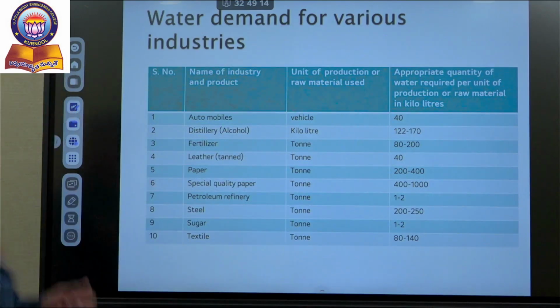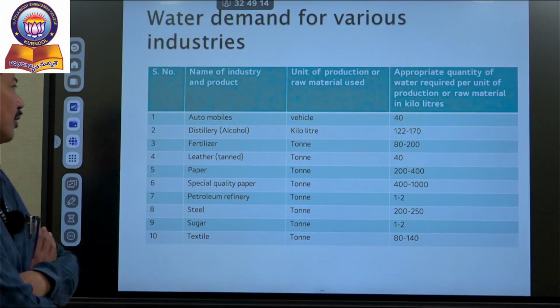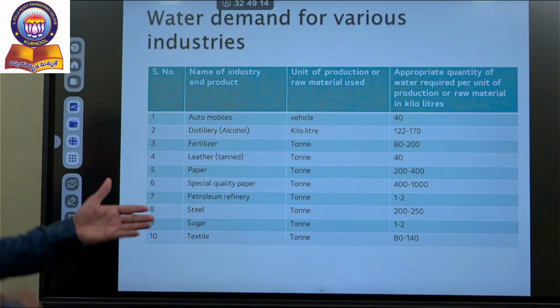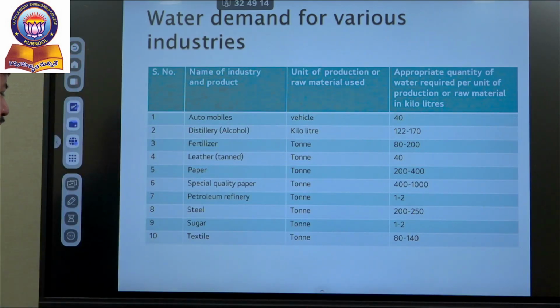For example, if an automobile industry is present, manufacturing one vehicle requires about 40 kiloliters. Depending on how many vehicles are manufactured per day, the requirement changes. Similarly, many industries require different quantities of water for production.